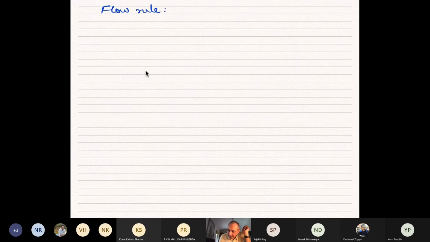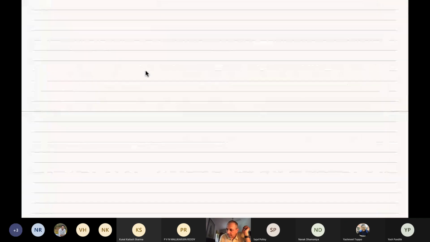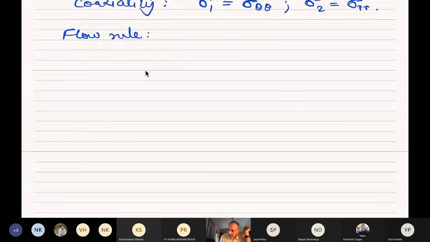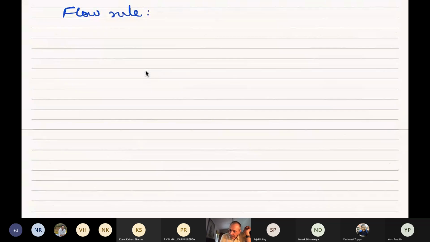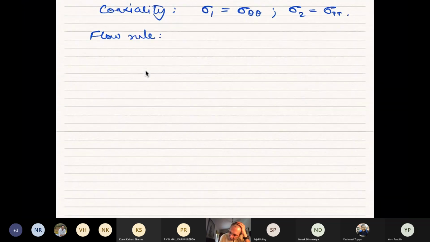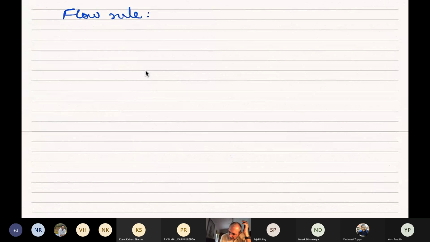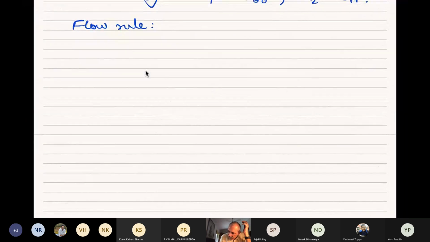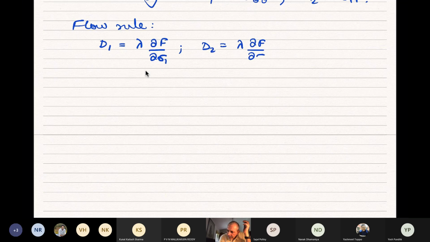The flow rule, if you remember, says that d1 is equal to lambda into del f by del sigma 1, and d2 is equal to lambda del f by del sigma 2.